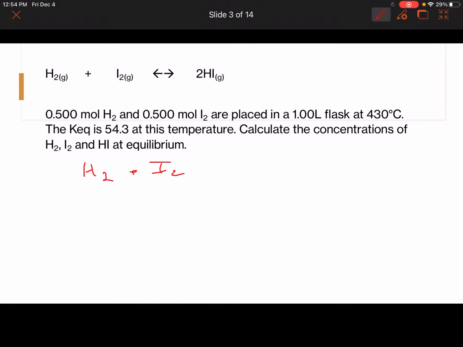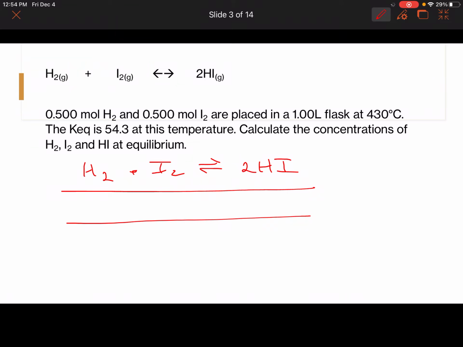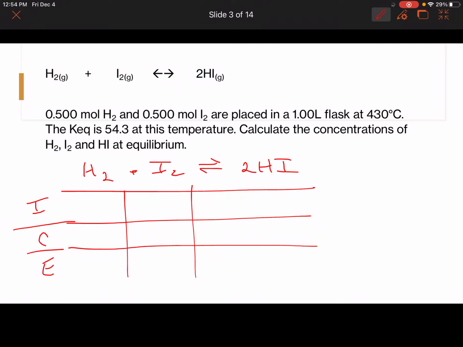So I'm going to rewrite the equation here. And then I'm going to draw my ice table. So I, C, E. There we go.